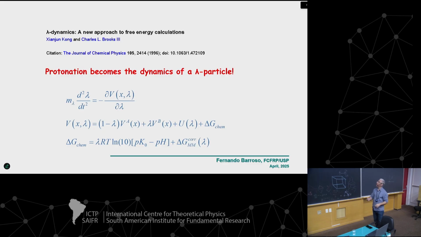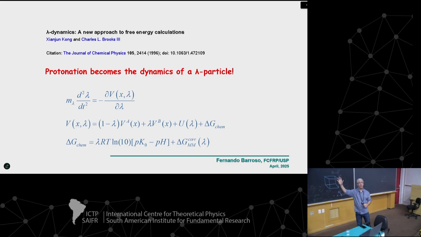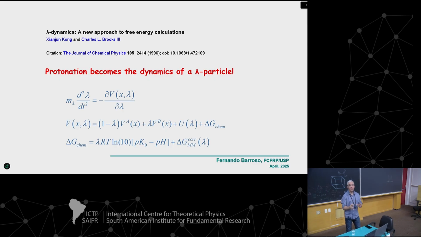There are other strategies. There is one called lambda dynamics, where you introduce an extra particle in your Hamiltonian. Again, I know that for some people this can be very far from what they are doing, so I'm not going into all the details, but we can discuss afterwards if you'd like to go a little bit further. But the important point from all these equations, so don't be afraid of them, is just to show that in most applications, the change in protonation states is all the time a phenomenological description.